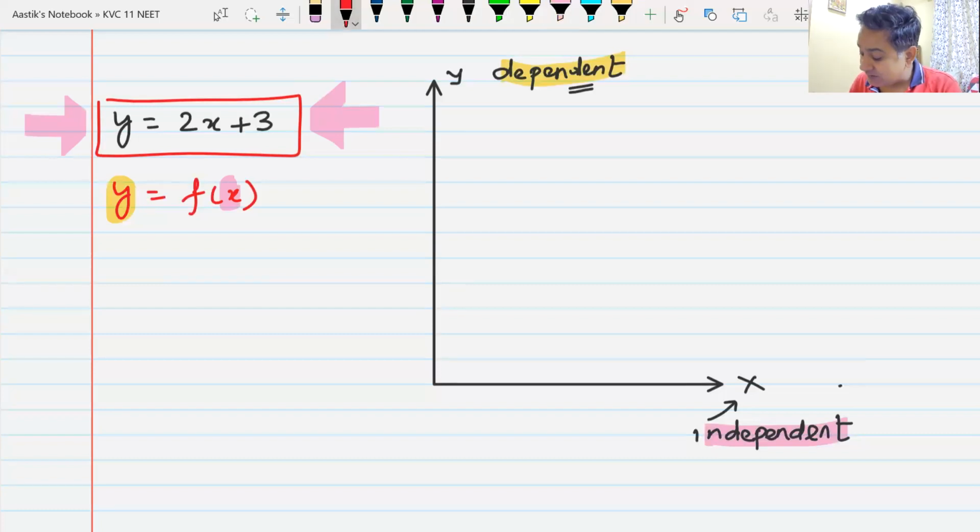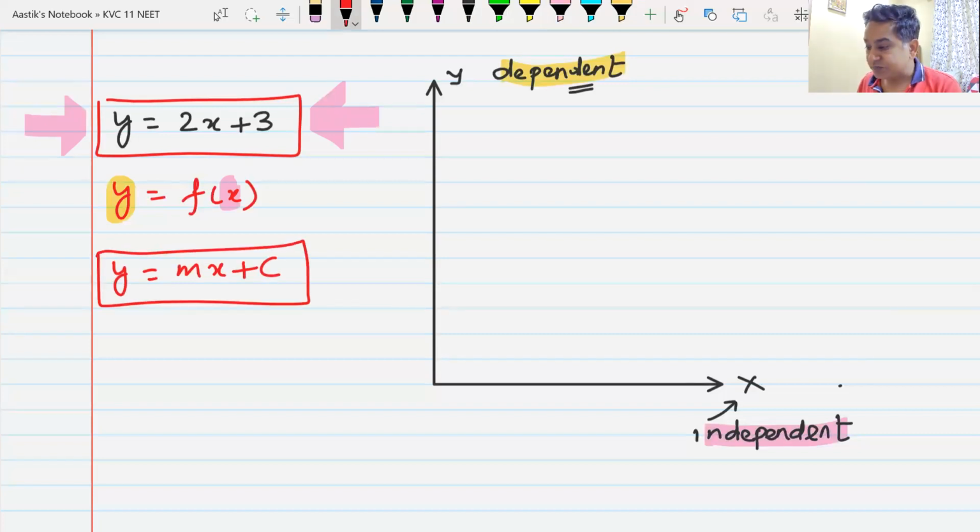Now, if I have the equation in the form of y is equal to mx plus c, I hope you know this. Y is equal to mx plus c. This is the equation of a straight line. Do we know this? In this equation, this m comes.